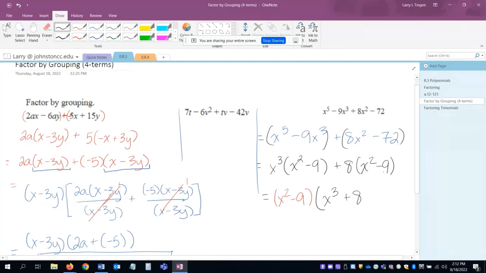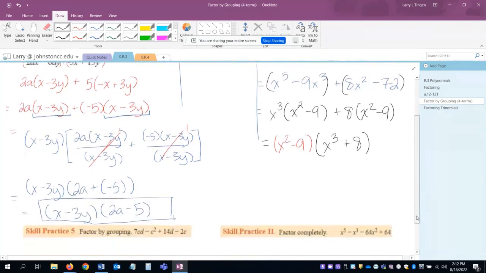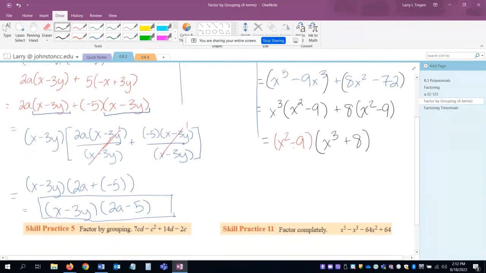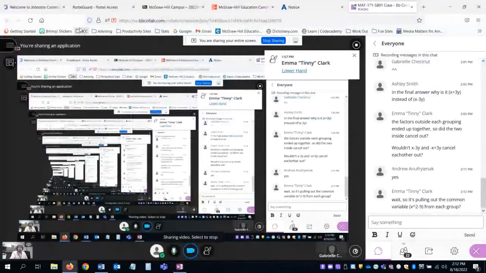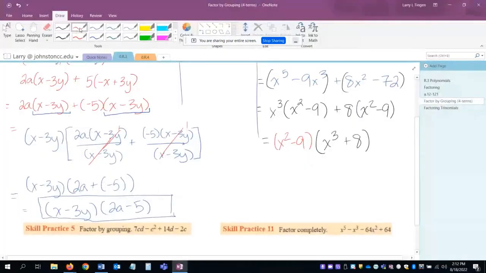And then I have the 8. And this is x squared minus 9. I factored that out, so it goes to a 1. 8 times 1 is 8. Okay. Now, this one says, so pulling out the common variable. Yes, exactly. Yep. I'm pulling out x squared minus 9. That whole factor is getting pulled out. That's exactly right.